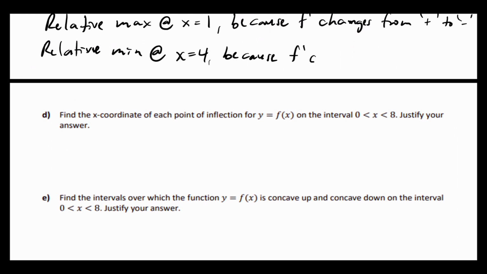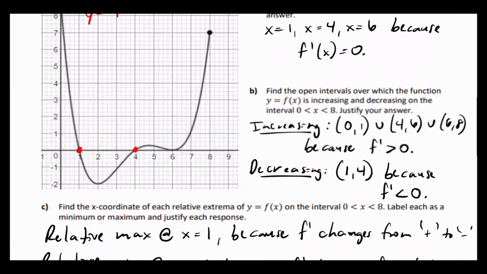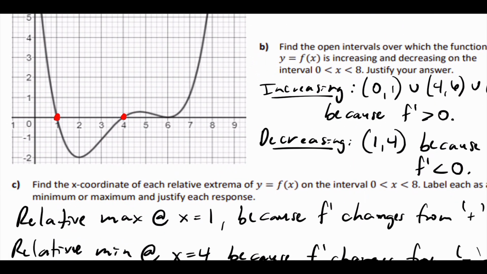Because f prime changes from negative to positive. Okay. It touches at 6. So here at 6, right?